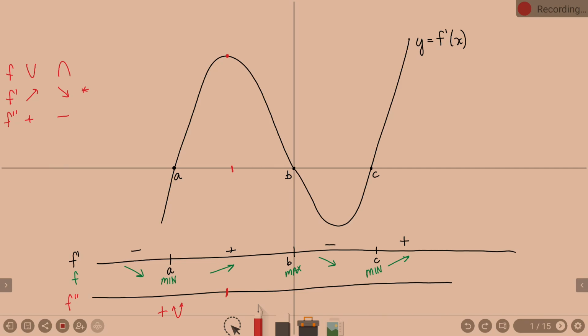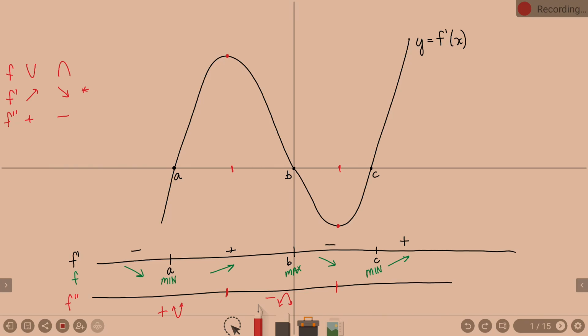What happens after that max? My graph starts decreasing to that min there, yes? And so that whole time that graph is decreasing, so what's my original going to be? It's going to be concave down.